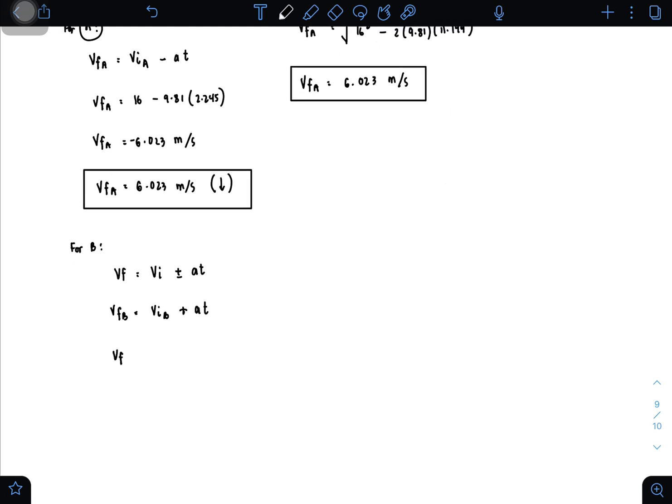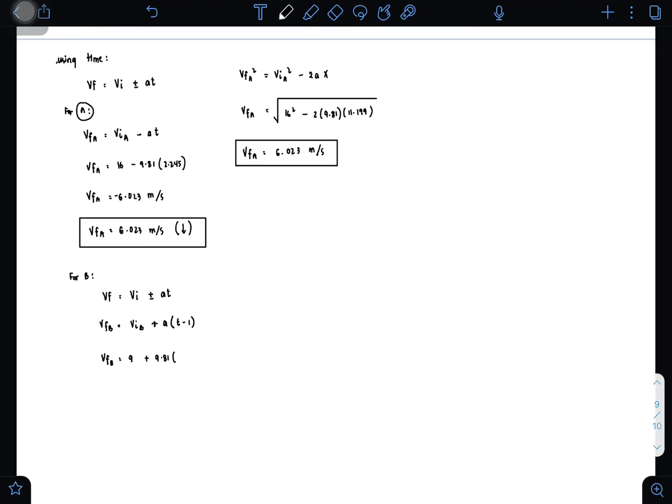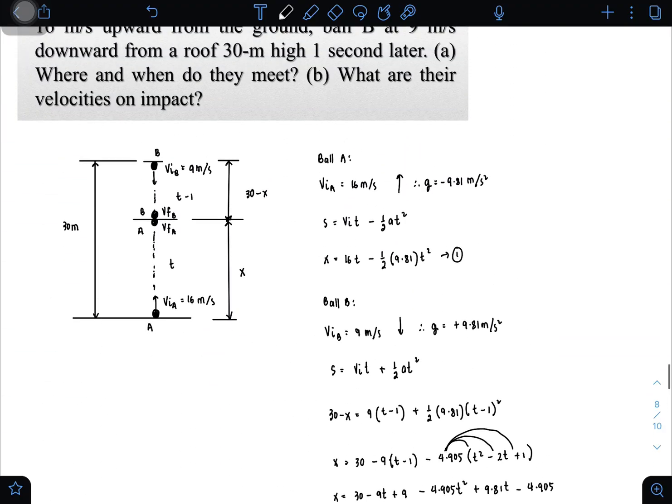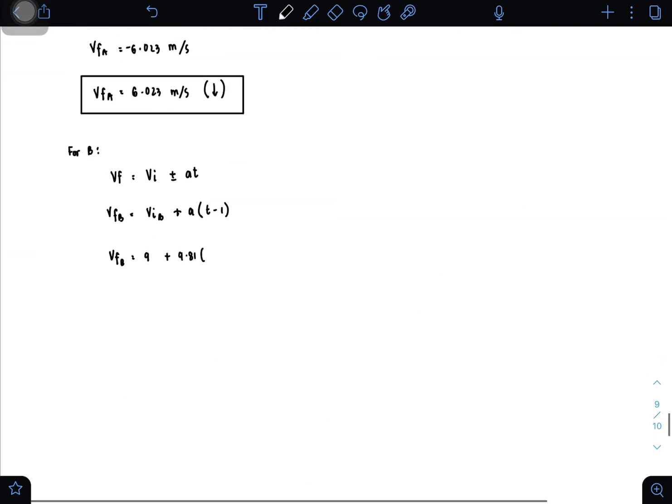So this is VFB, equal to 9 plus the acceleration of 9.81 times the time, which is what time? The time here is t minus 1, no? We're talking about ball B, no? So that's ball B. So that is 1.245.